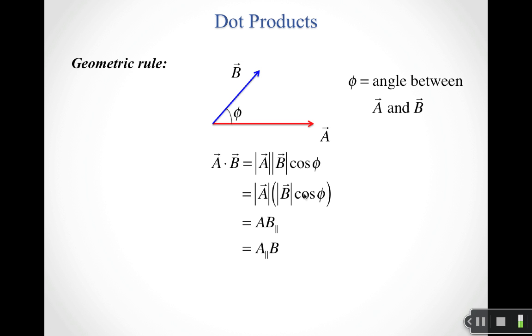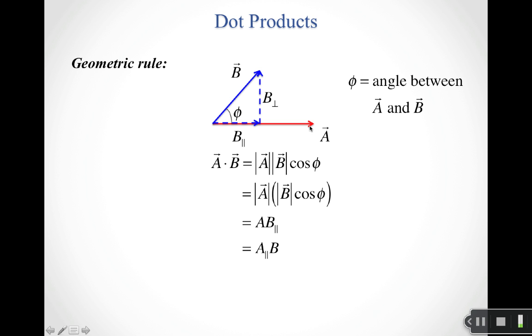So part of what this geometric rule is hinting at is, well, I can sort of group these terms up, right? So I can sort of combine the b and the cosine phi. And again, if you think about what b cosine phi is, well, that's just this parallel component of vector B along vector A. And then there's a perpendicular component that would be b sine phi, but this component doesn't end up in the dot product.